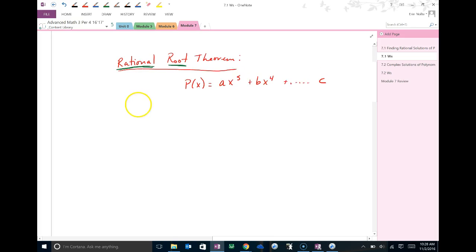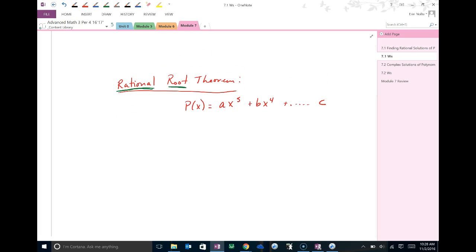So we've talked about zeros. What is a zero? It's where the function crosses the x-axis.